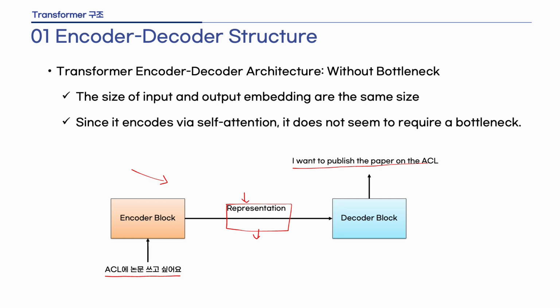But if we use transformer encoder and decoder structures, we can use the same number of dimensions for the representation layers, so we don't need to use a smaller size for the representation layers.